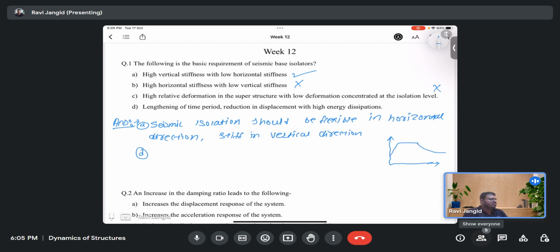Suppose my structure time period is TF, fixed base. If I increase the time period from TF to TB, the acceleration reduces, so the forces reduce. But at the same time, will the displacement increase or decrease?